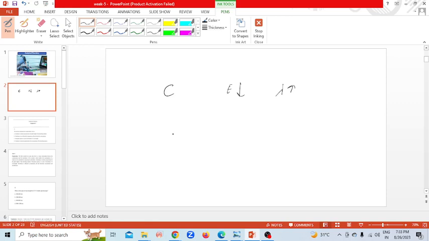To understand this, we will discuss some examples, like CH3CH double bond CH2. It has only one double bond, so it will give lambda max at 177, and epsilon max at 13.